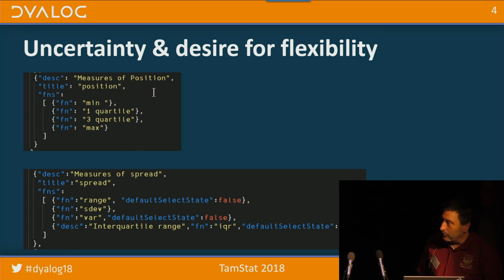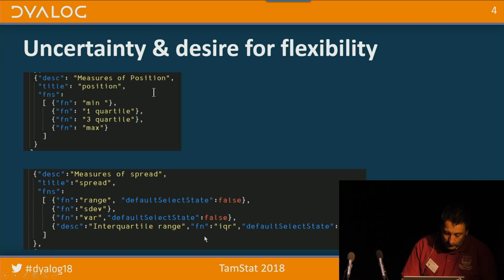But we saw that some things did not correspond one-to-one. Function names did not correspond to the names that we saw in the checkboxes. And with the quartiles or percentiles, we also had arguments that were passed in the call. So I had to extend this a little bit.